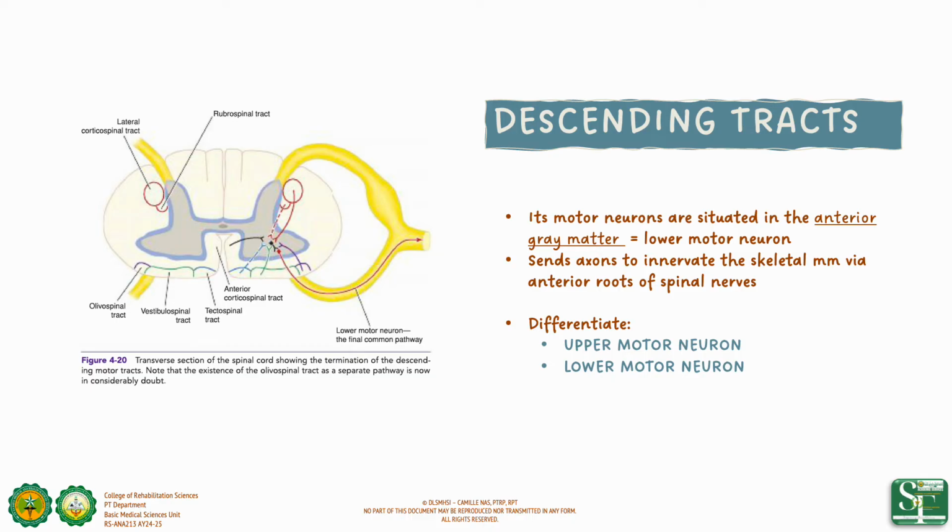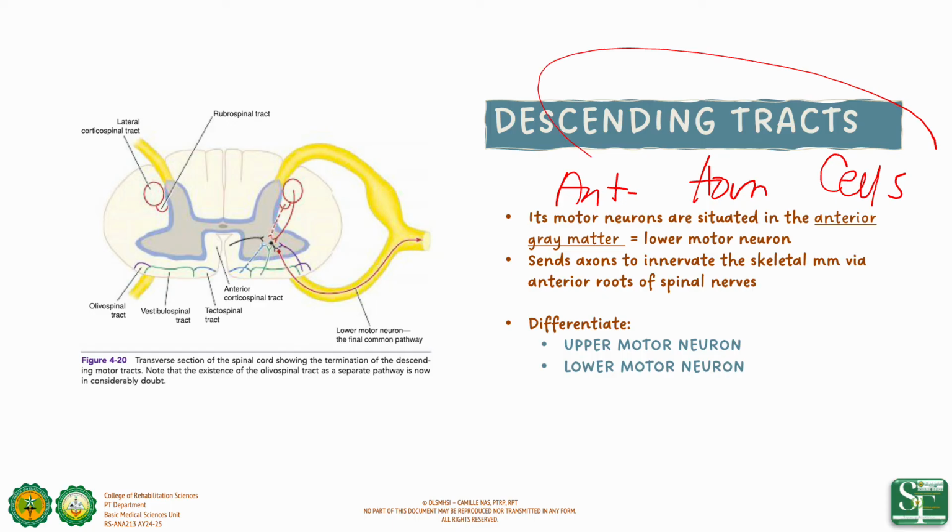Alright, so, descending tract, its motor neurons are situated in the anterior gray matter. Pwede ring another word na gamitin here is anterior horn cells. Okay, anterior horn cells, which is again an important landmark to identify upper motor neurons versus lower motor neurons.